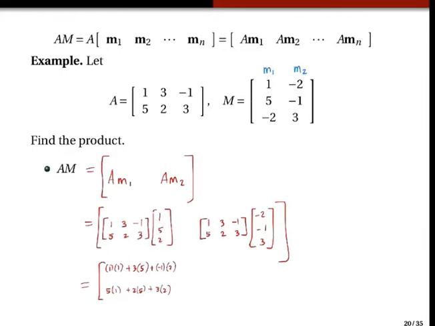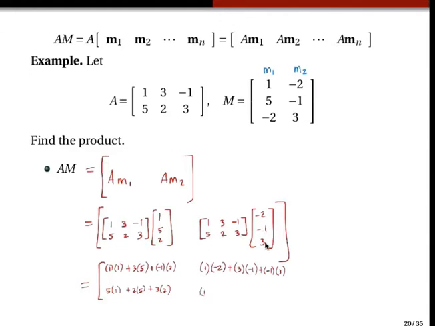And then the same way on the other side here. So you have 1 times -2 plus 3 times -1, and then plus -1 times 3. So this one here multiplied to this one, and then this here multiplied to this.